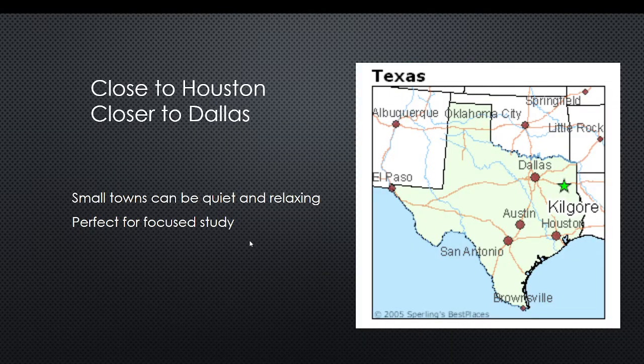We're a small school. We're close to Houston, but we're closer to Dallas, so about 2 hours away. You can find a quiet place to study and focus on things that are important in your education. And there is definitely an advantage to being in a small town, that quiet atmosphere, but it's close to the city, so you can travel and go where you want to go and when.